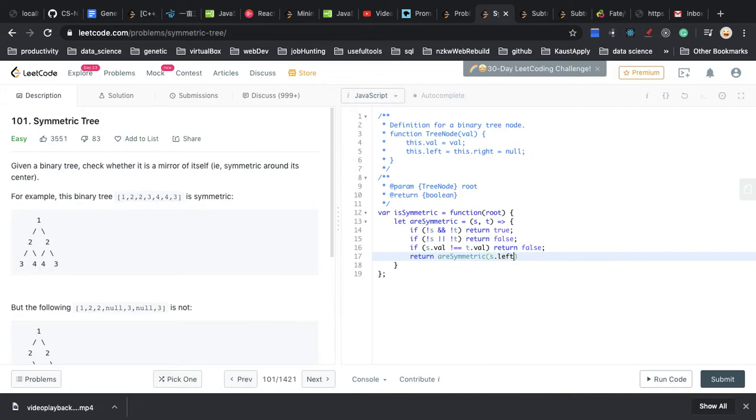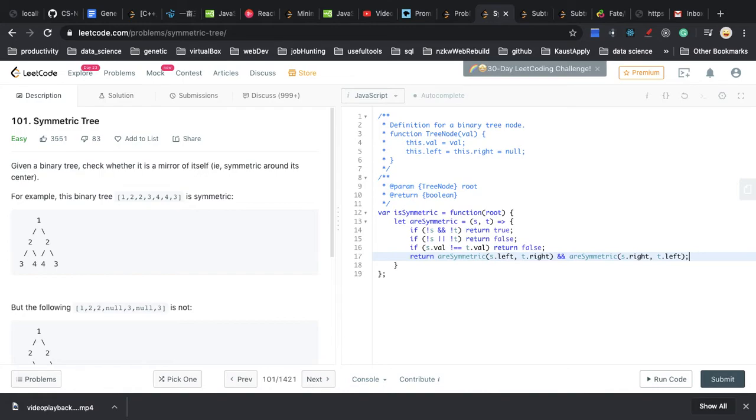We have to check if the left node of tree S is the same as the right node of tree T, and if the right node of tree S is the same as the left node of tree T. So we swap the left node and right node to compare.